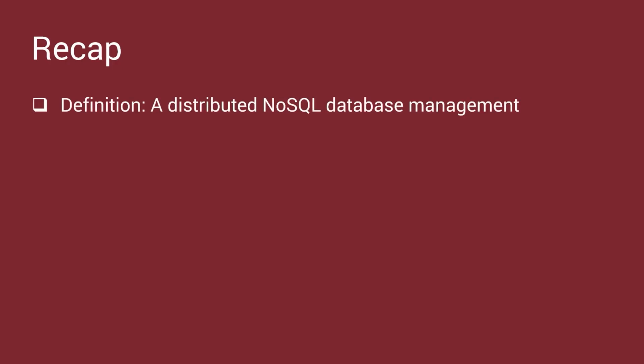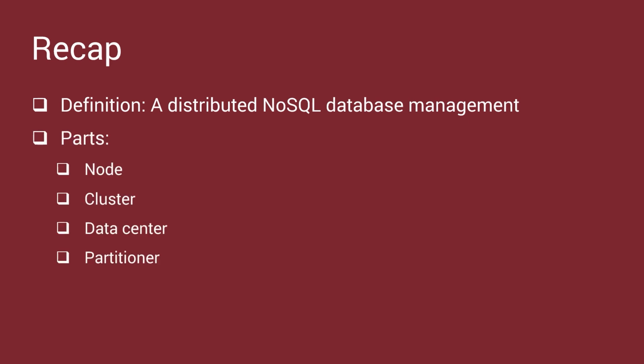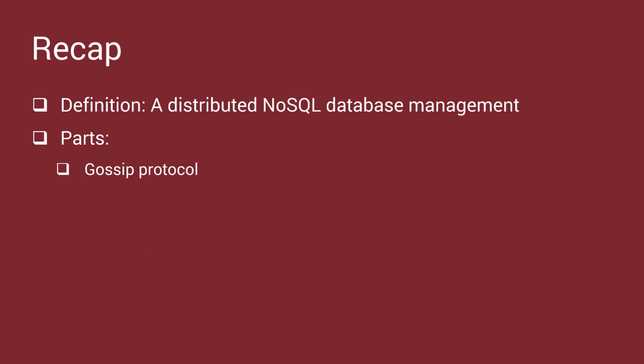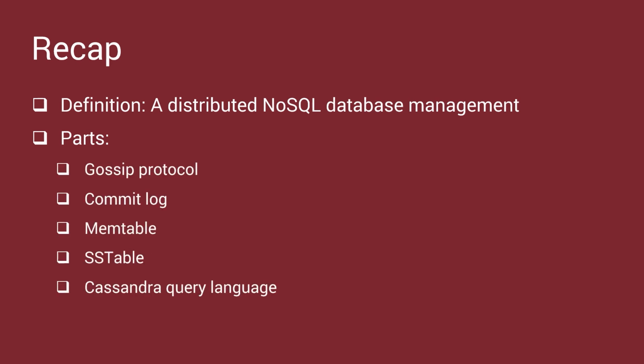In this video, you learned that Cassandra is a distributed NoSQL database management system that handles vast amounts of data distributed over multiple computers. The different parts of Cassandra are node, cluster, data center, partitioner, replication, gossip protocol, commit log, mem table, SS table, and Cassandra query language.